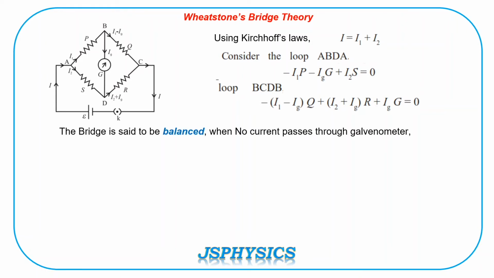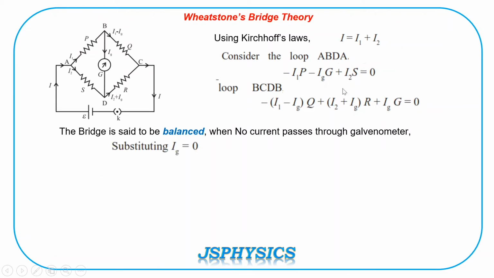Now the Wheatstone's bridge is said to be balanced if the current through the branch BD or galvanometer is 0. Then the Wheatstone's bridge is said to be a balanced bridge. So if the bridge is balanced, that means IG is equal to 0.